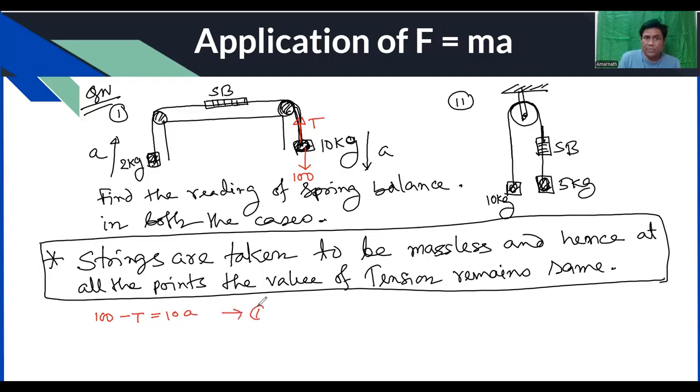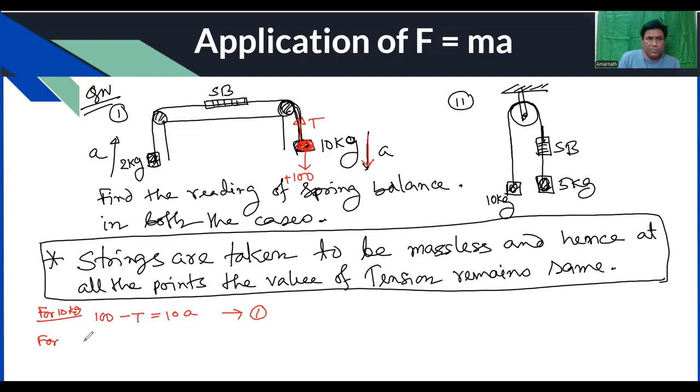This is equation number 1. Because acceleration is downward, I have taken downward force as positive and upward force as negative. So this is the equation for the 10 kg.